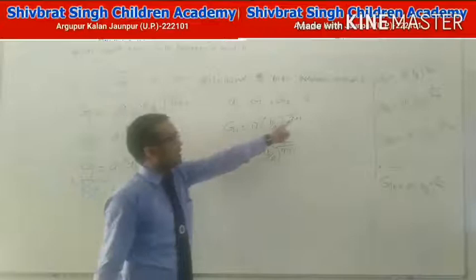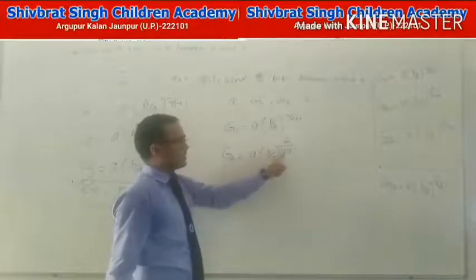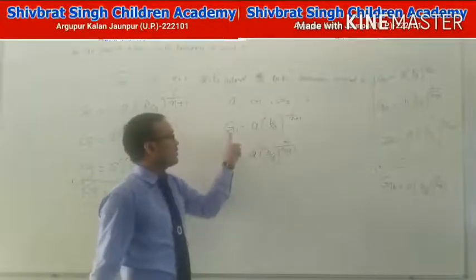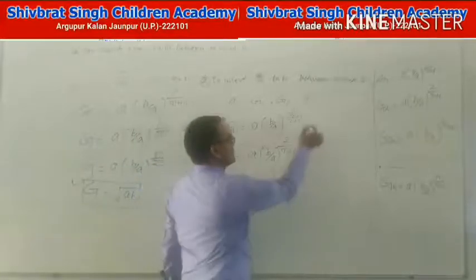Here put n equal to 2. We find the value of G1 and G2.